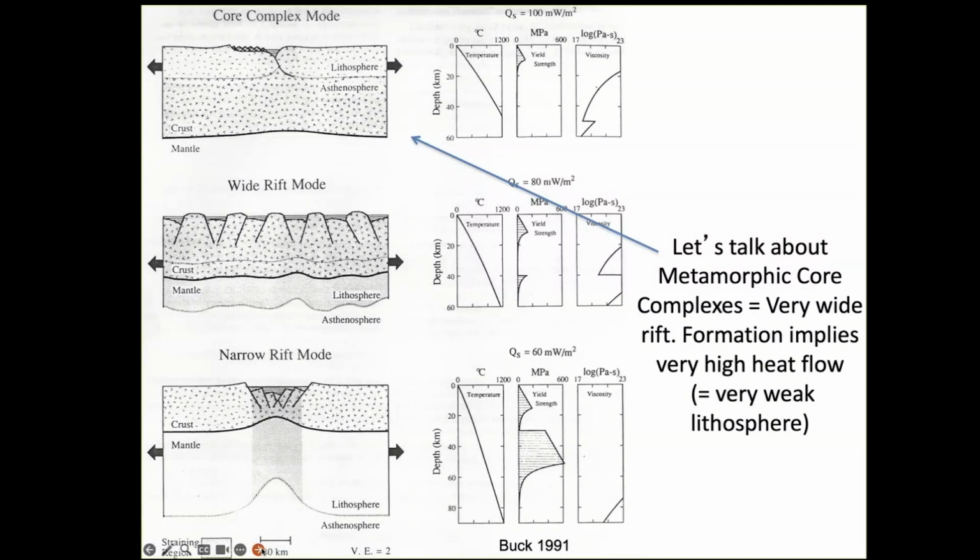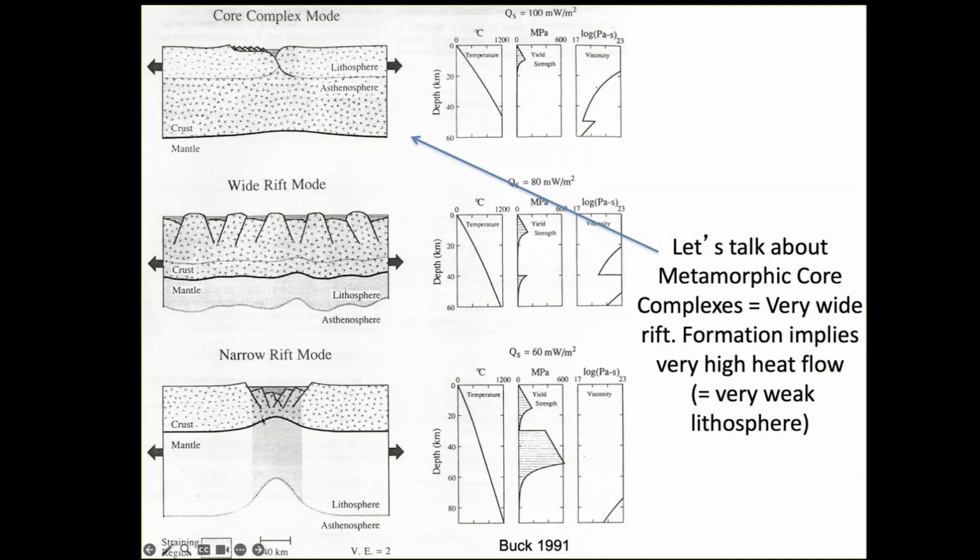This is a really exciting example. So now if we say that this gray area is the area that's being extended, right? The area of the lithosphere. So this gray area is lithosphere that's being extended.